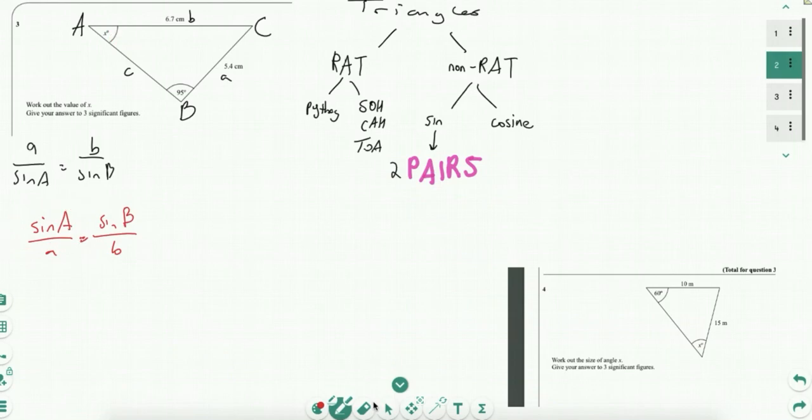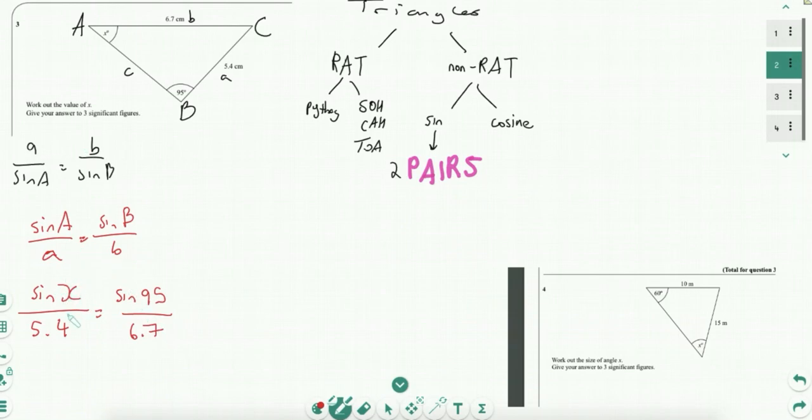So let's fill it out. So angle A is x, so we're going to write sine x over side A, which is 5.4, equals sine angle B, which is 95, over side B, which is 6.7. Same again, we want to isolate x.